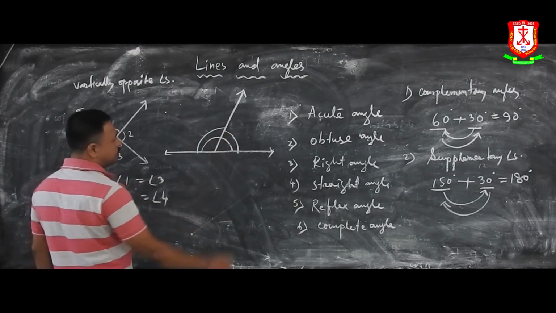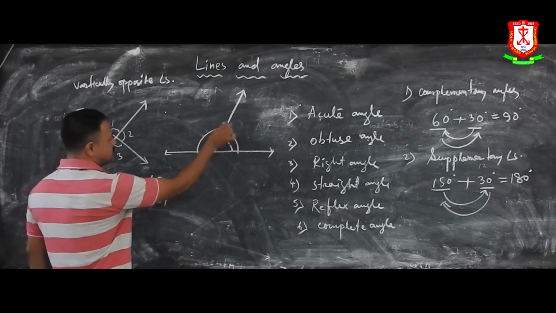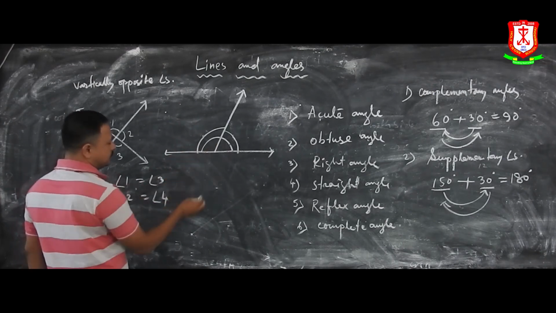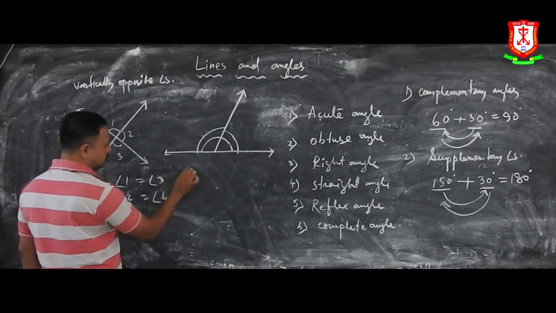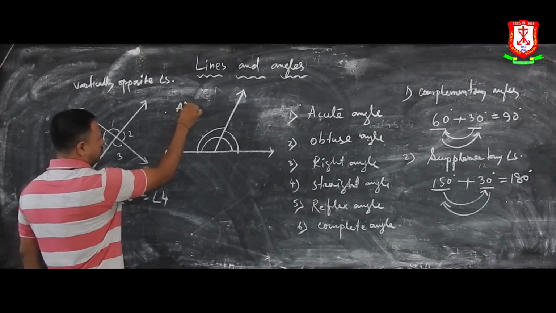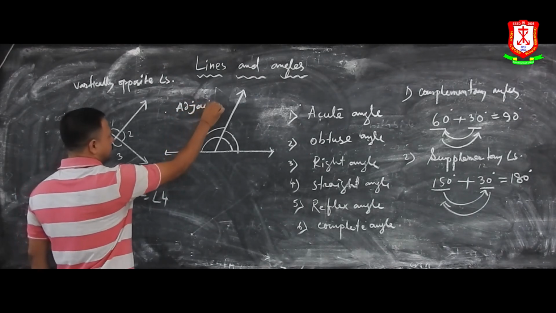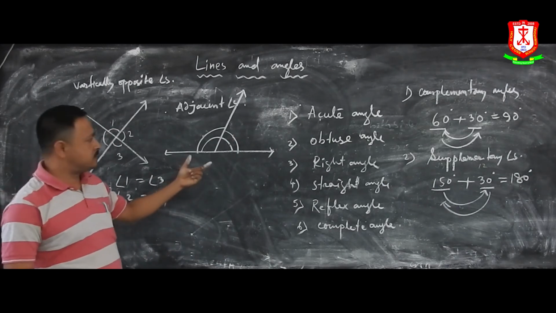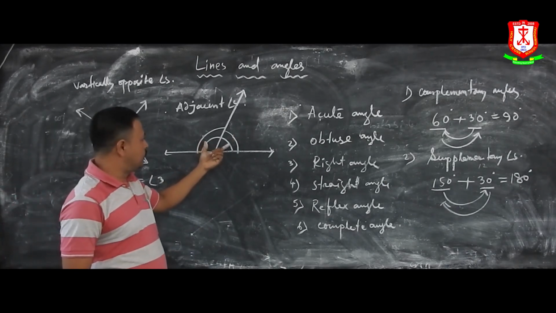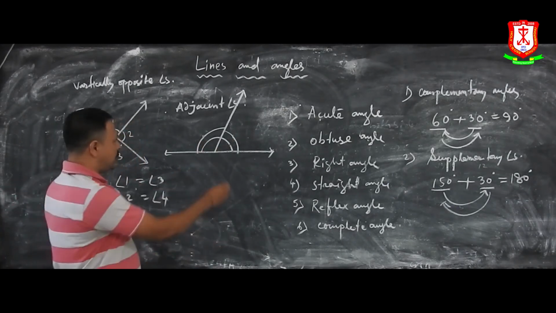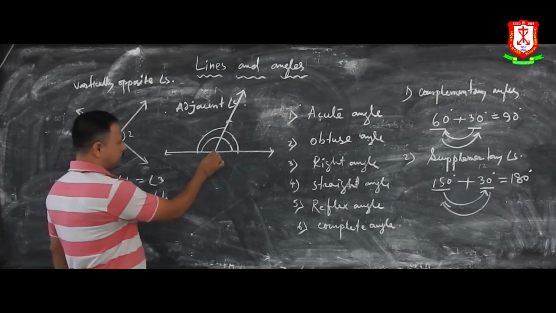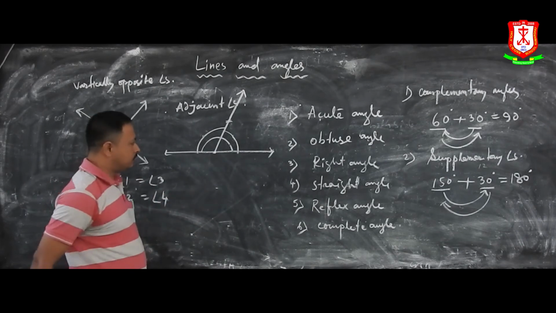And these two angles are called adjacent angles. Adjacent angles means two angles having a common arm and also a common point.